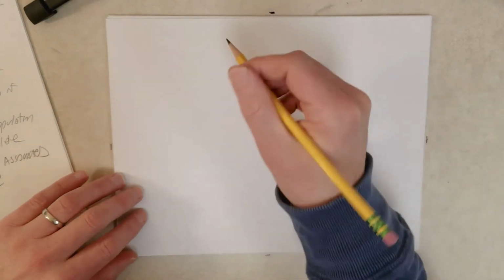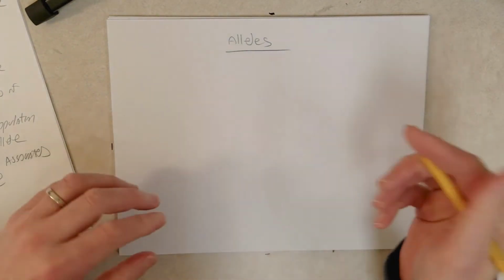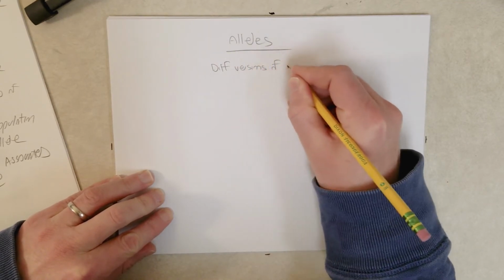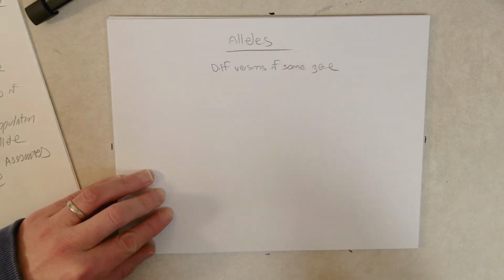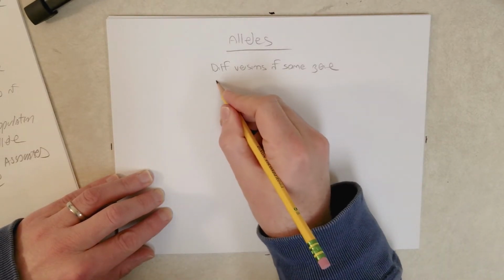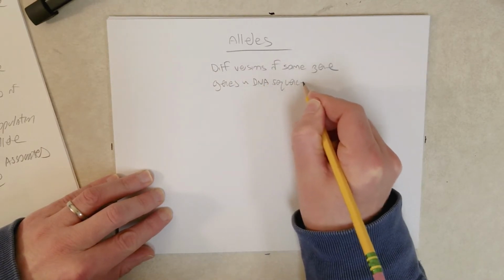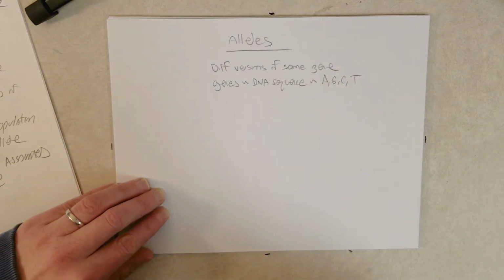So now might be a good time to talk a little bit more about alleles. As I have said before, alleles are different versions of the same gene. And as I am sure you have learned in previous biology courses or in high school, genes have a DNA sequence, which is a specific order of A, G, C, and T nucleotides.